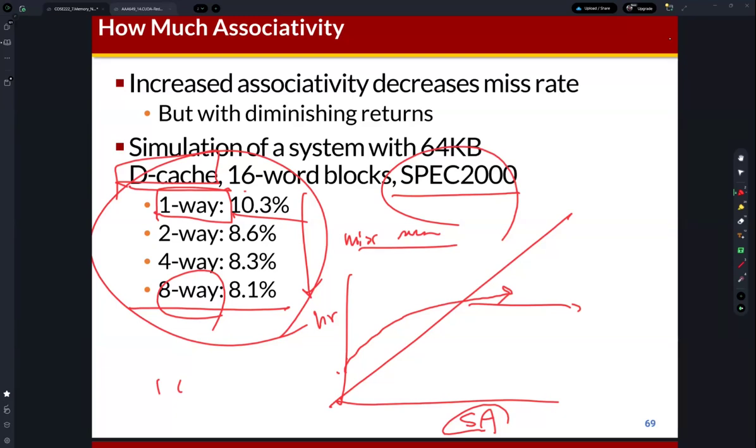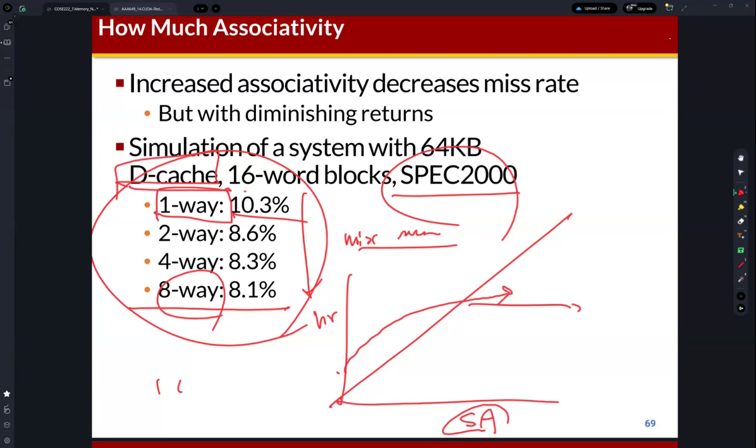The fully associative cache is the most expensive cache, so the cost is high. But if we compare the hit rate of the 8-way or 16-way set associative cache with the fully associative cache, the hit rate is actually similar.